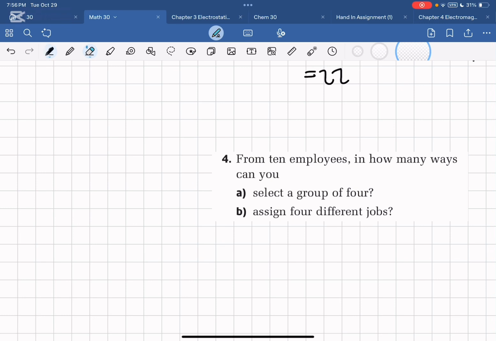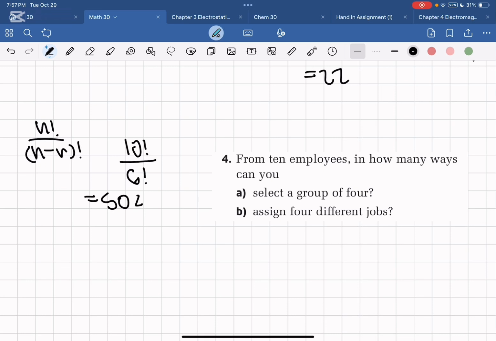So for this one, we use our permutation formula, which is n factorial divided by n minus r factorial. So we already know our n is 10, and then 10 minus 4 is 6 factorial. And once you divide this, you will get 5,040. And that's all you do for this example.